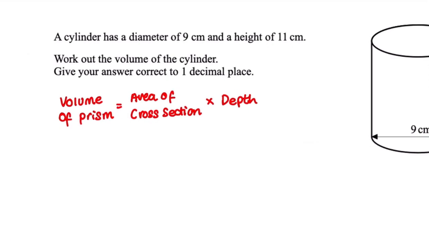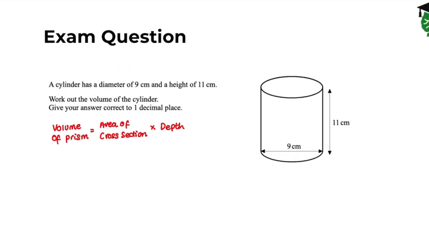The cross section is just the 2D shape. So in the cylinder, the main 2D shape that you can see is a circle. The circle is the main 2D shape that's being stretched. So the cross section is a circle. So what we have to do is work out the area of that circle.